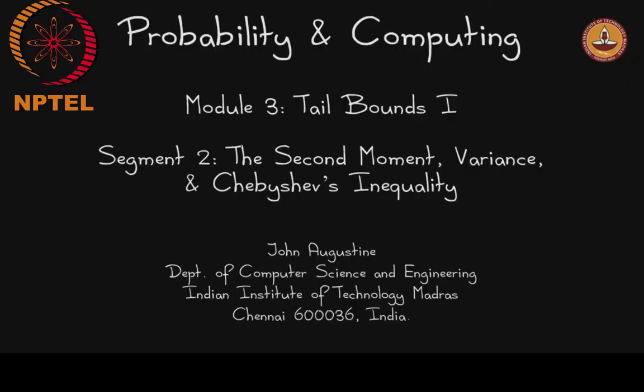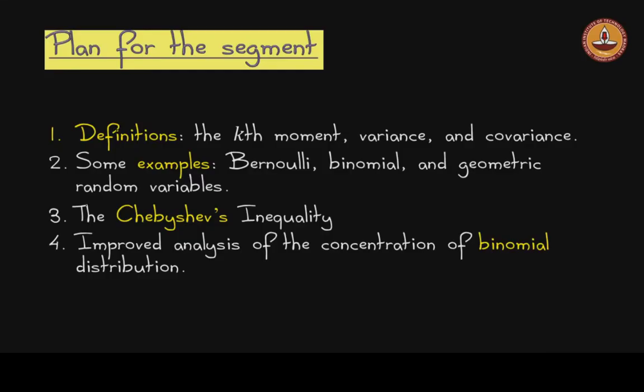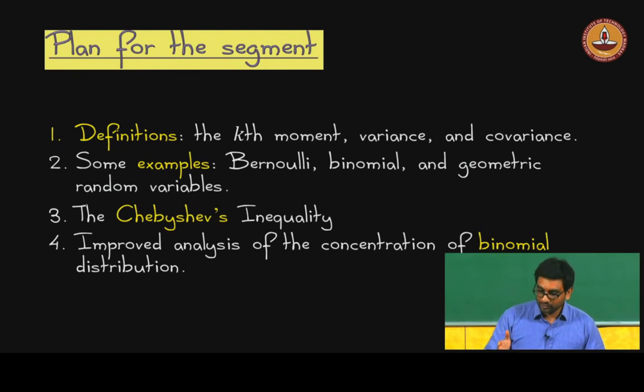So, now we are starting the second segment in module 3. We will see a few definitions and introduce the next tail bound. The definitions will particularly be the kth moment, and in particular the second moment will be used to define something called the variance and a related notion called the covariance.